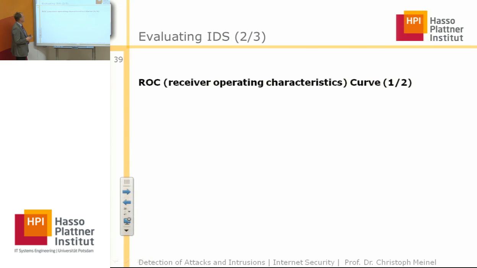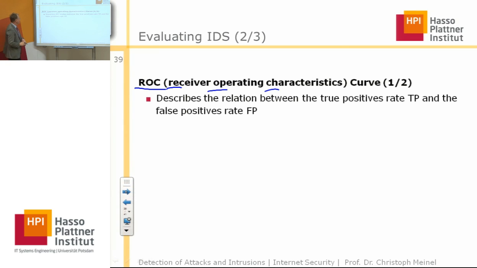incident happened. There are more parameters to characterize and compute the work of an intrusion detection system. So this is the so-called ROC curve, the receiver operating characteristics curve. This describes the relation between the true positive rate, TP, and the false positive rate.